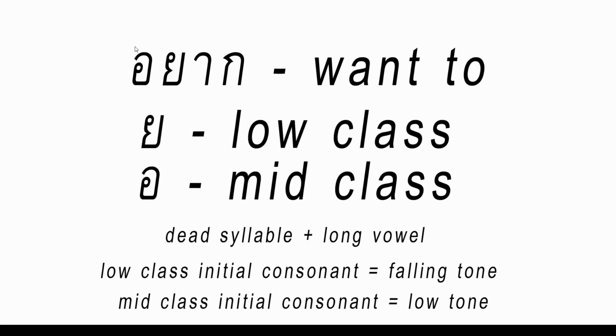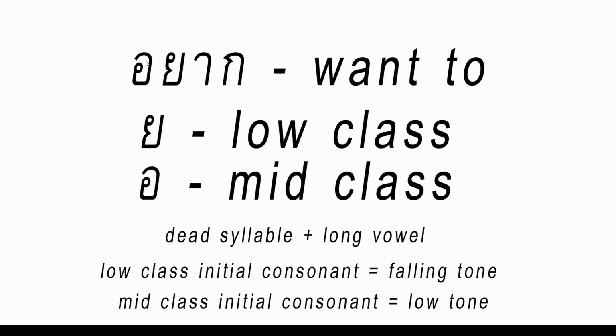And because of the or ang at the front, this word has an initial consonant class of mid. And it has a long vowel, and it's a dead syllable. So the combinations of those three things, so a mid-class initial consonant, and a dead syllable and a long vowel give it a low tone.